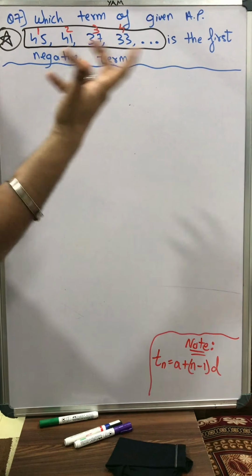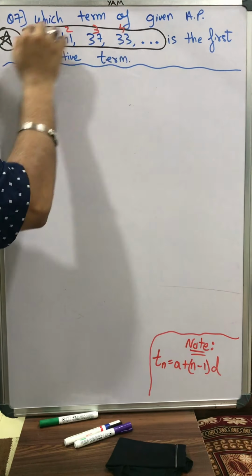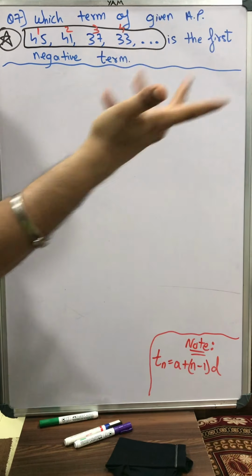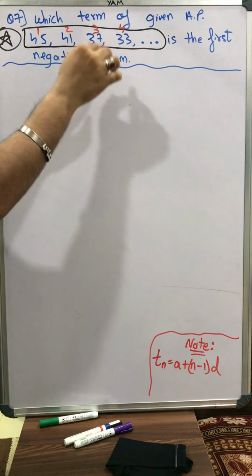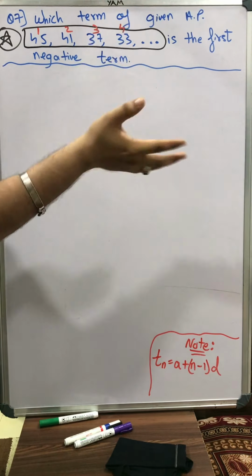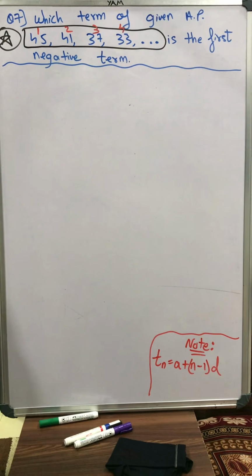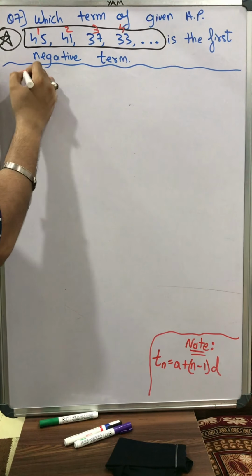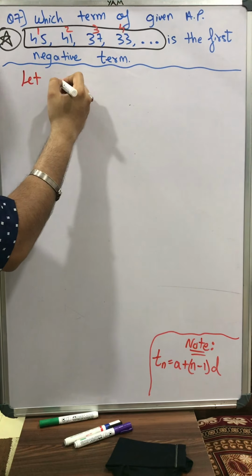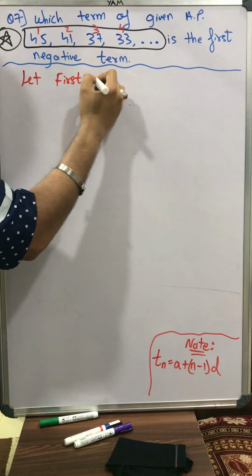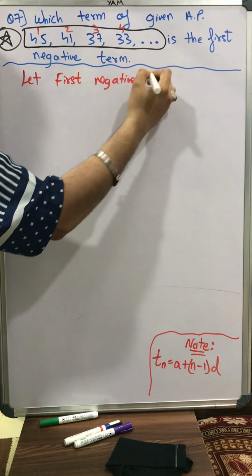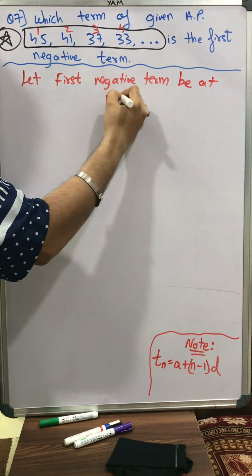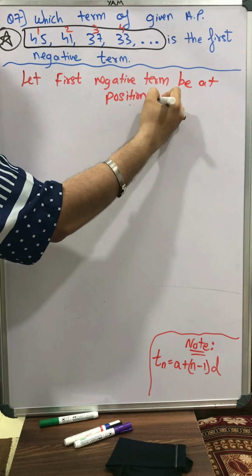So we need to find at which position, first, second, third, fourth, fifth, sixth, seventh, eighth, ninth, 10, I am receiving my first negative term. Understanding? So let us assume that the first negative term be at position n.